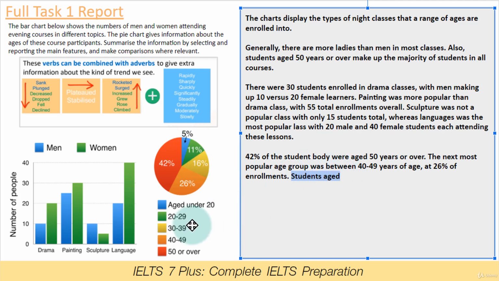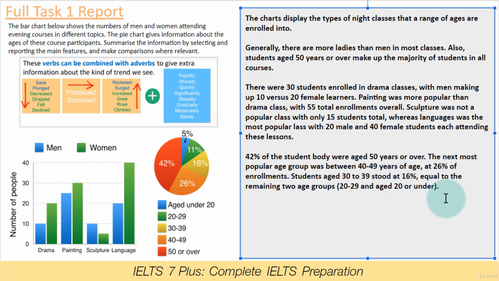So what I'll say is students aged 30 to 39 stood at 16%. Equal to the remaining two age groups, and I'm going to use brackets as well, 20 to 29 and aged 20 or under. Okay, that kind of should mean that I have completed this writing here.